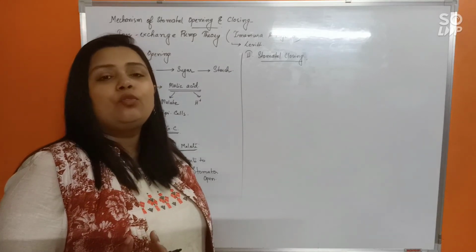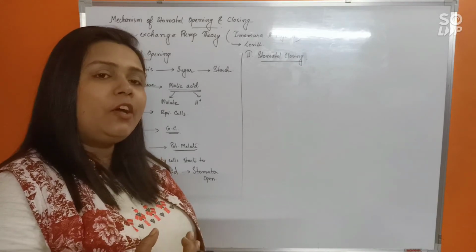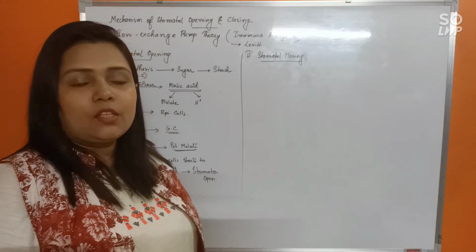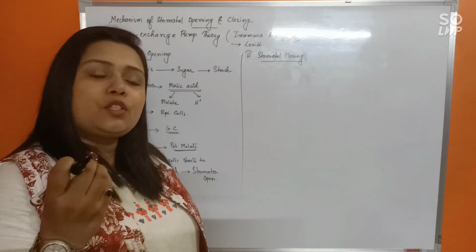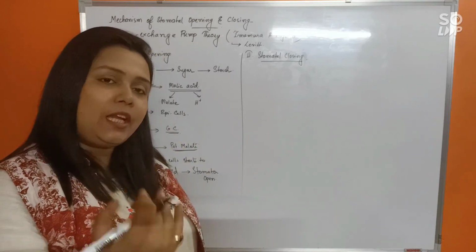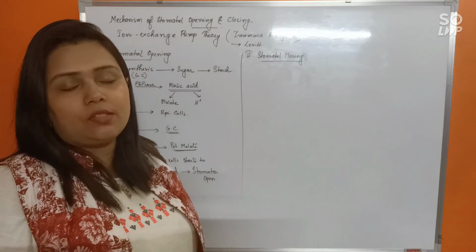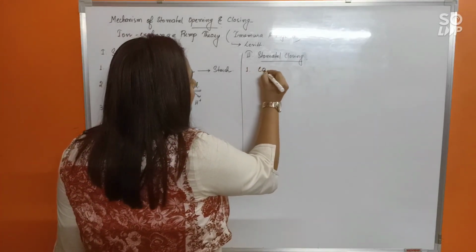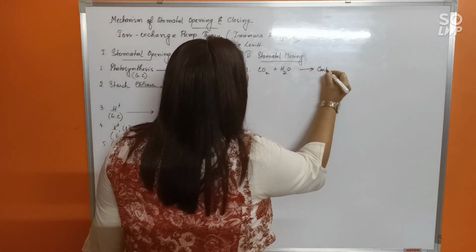Carbon dioxide would be taken up as the substrate for photosynthesis, right? That carbon dioxide itself will be converted into sugar. So now that sunlight is no more present, photosynthesis is not occurring. Stomata being open, carbon dioxide as usual will enter. But then it won't be used up for photosynthesis anymore. So this free carbon dioxide will then combine with water, forming carbonic acid.